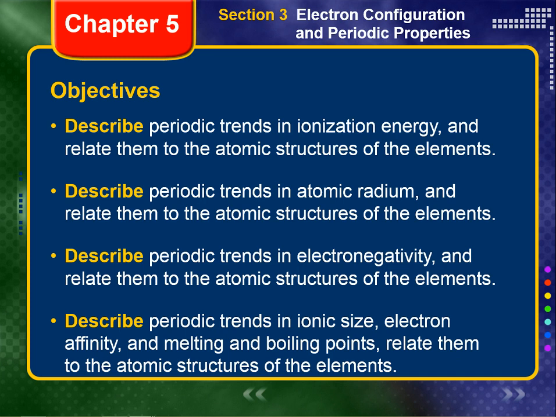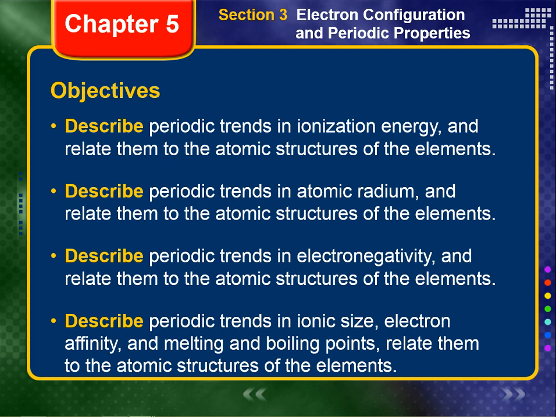Now to get a little bit more specific, we need to be able to describe those periodic trends, right? Ionization energy, and relate them to atomic structures. Periodic trend in atomic radius, and relate them to atomic structures. Describe the periodic trend in electronegativity, and relate them to atomic structures.